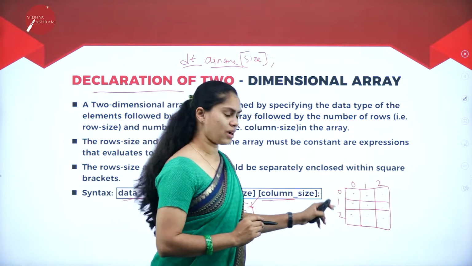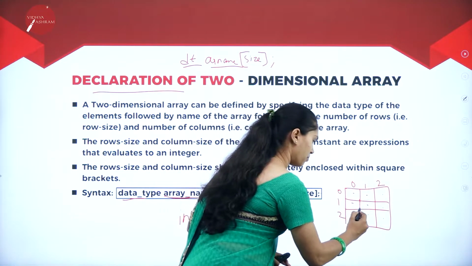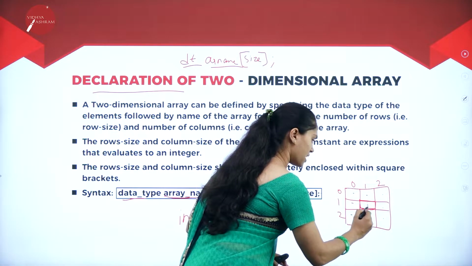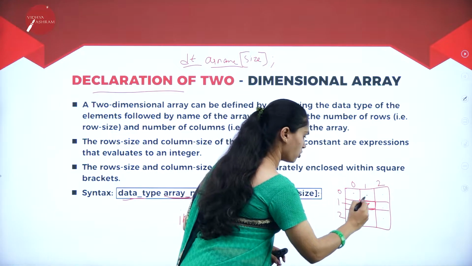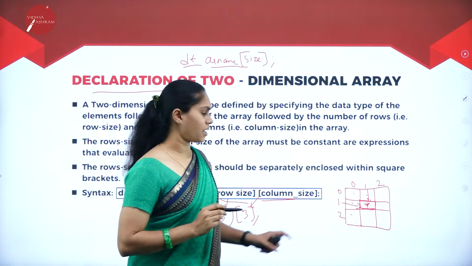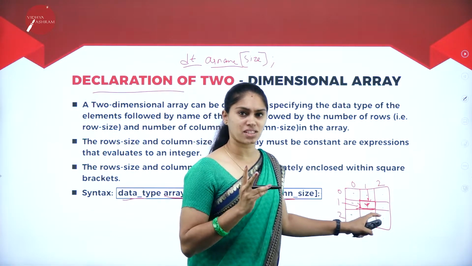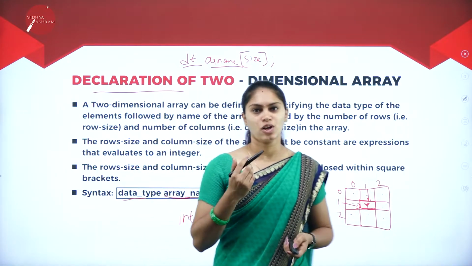If I wanted to fetch this element, what is the location of this element? It is in the first row, first column, and that is what it will return as the location. We are using two subscripts: one is the row size, and another one is the column size.